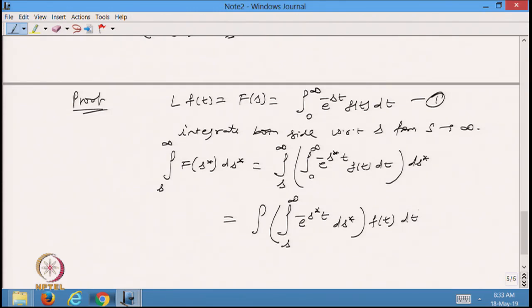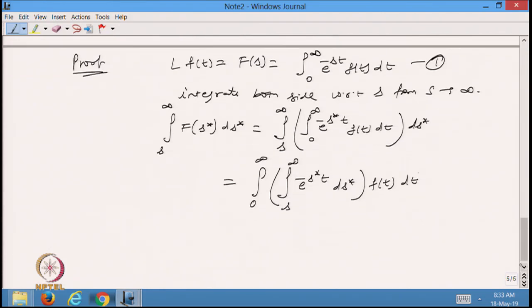In this case t is moving from 0 to infinity and s* is moving from s to infinity. So if I change the order of integration, you can check, the s to infinity integral can be taken inside and then this will be 0 to infinity.